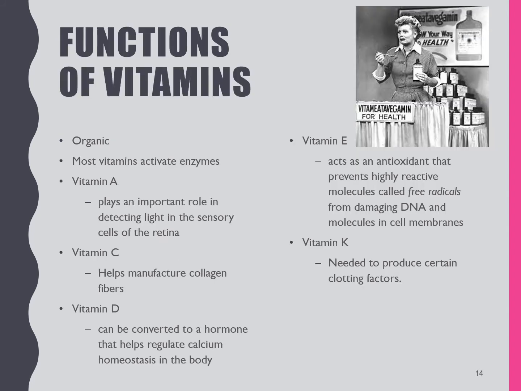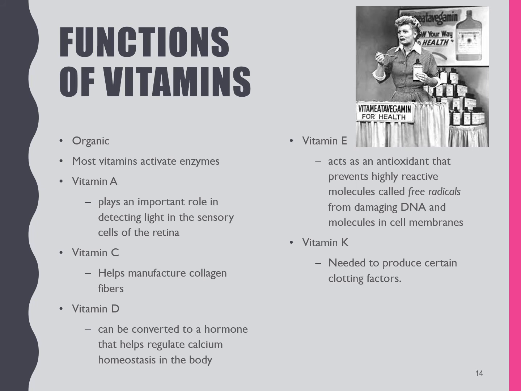So if you take a peek at the chart in your book on page 540, you'll see a list of the major vitamins there. Vitamins are considered organic substances, and like I said, most of them help activate enzymes that have jobs to do in our bodies.